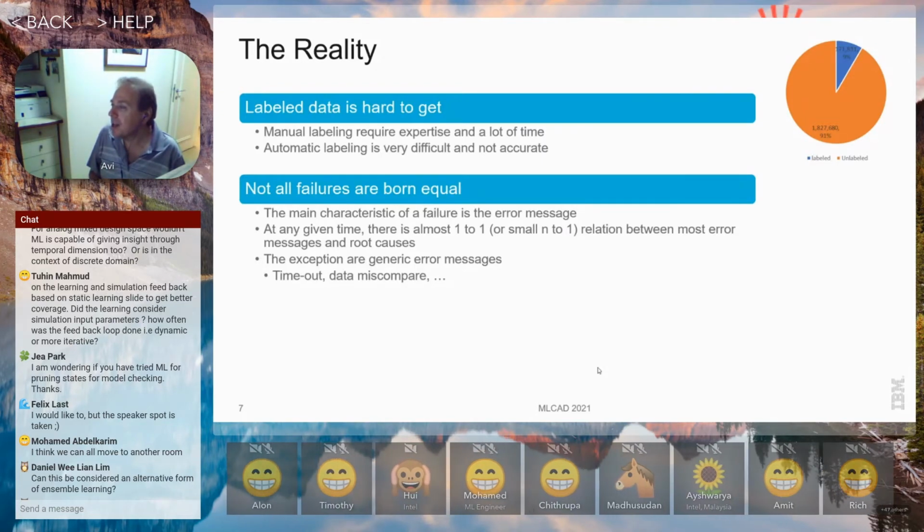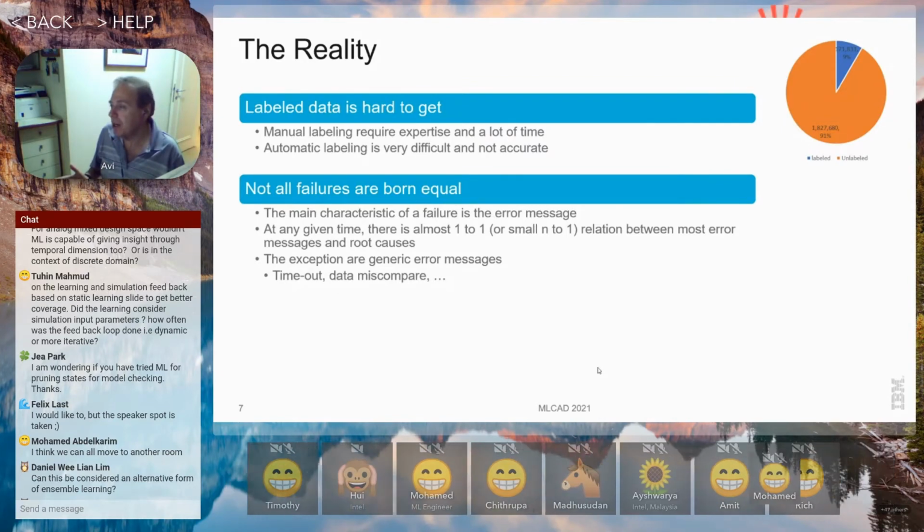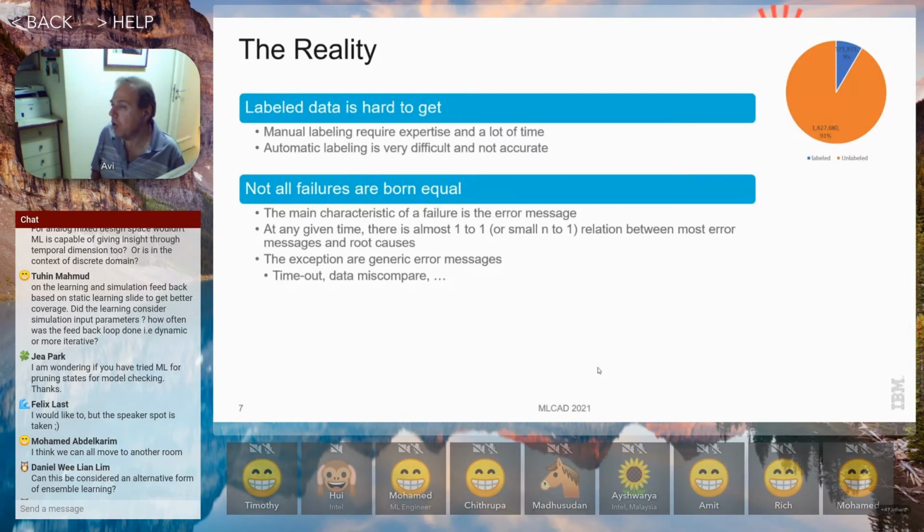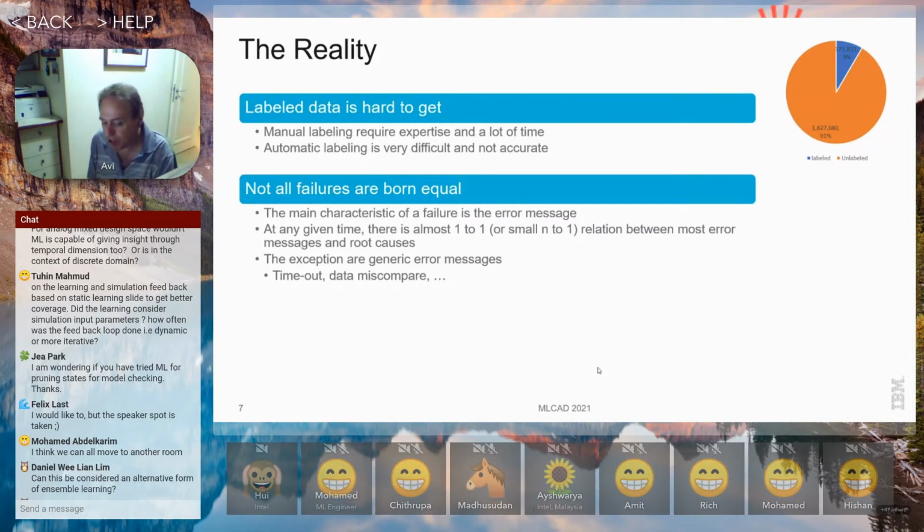But there are some exceptions to this rule, and those are the generic error messages, like, I don't know, you have a timeout. So you run a simulation and it never finished, so something bad happened, or a data miscompare. You read and the data is not the real data you're expecting. This is something that is much harder, and many different root causes can lead to this kind of error message.